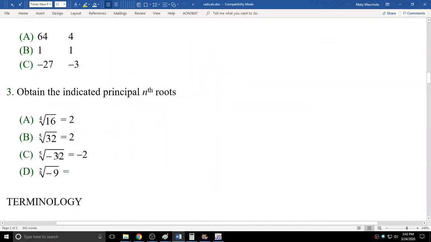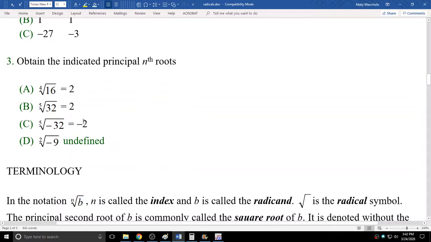So at this point, you're not going to get a negative number, you're not going to get a positive number. So the principal square root of negative 9 is actually undefined. No real number, when you raise it to the second power, gives you negative 9. So you could say it's undefined or it does not exist. That's not to say that there is no second root of negative 9 or square root of negative 9. That just means that it is not a real number.